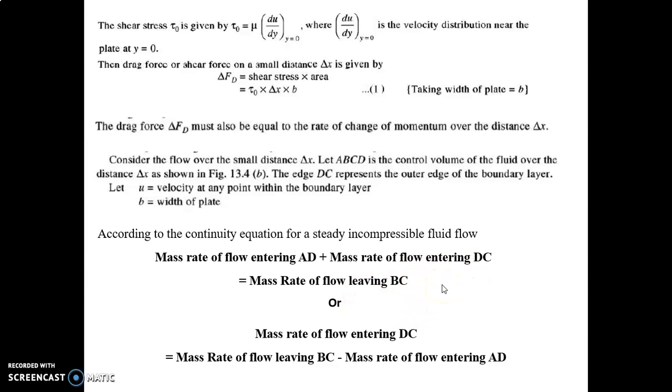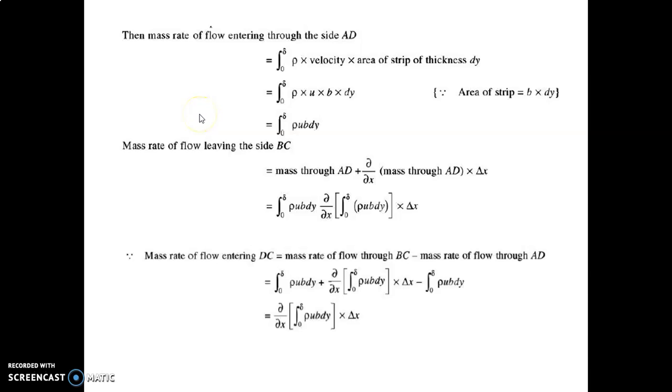Here we are going to calculate the mass rate of flow through DC. The mass flow rate entering through DC equals the mass rate of flow leaving BC minus the mass rate of flow entering AD. Now the mass rate of flow entering through the side AD is m equal to rho into velocity into width b into dy, where b dy is the area of the strip.